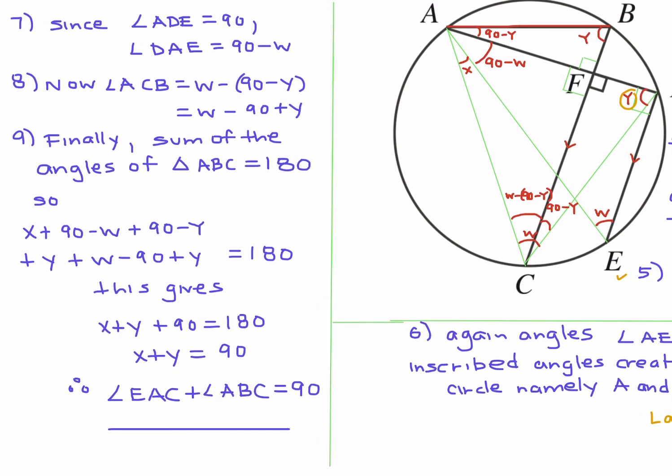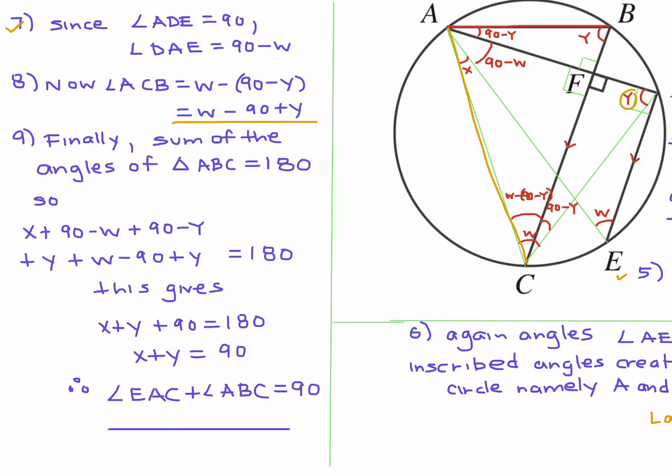And then ACB, this right here, that we can get because we know this whole thing is W, and this angle is 90 minus Y. So to get ACB, you just subtract 90 minus Y from W, as I've done right here.